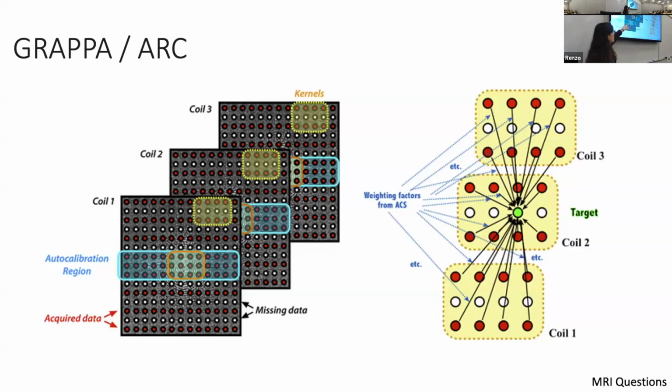But every once in a while, and specifically in the middle of the image, we will often collect a series of lines that are continuous. So we're not going to skip any lines in the middle. This helps us save some of the time by skipping lines elsewhere, but considering the middle of k-space as special. And it's also important because this is where we're going to train a model that is going to try to fill it in.